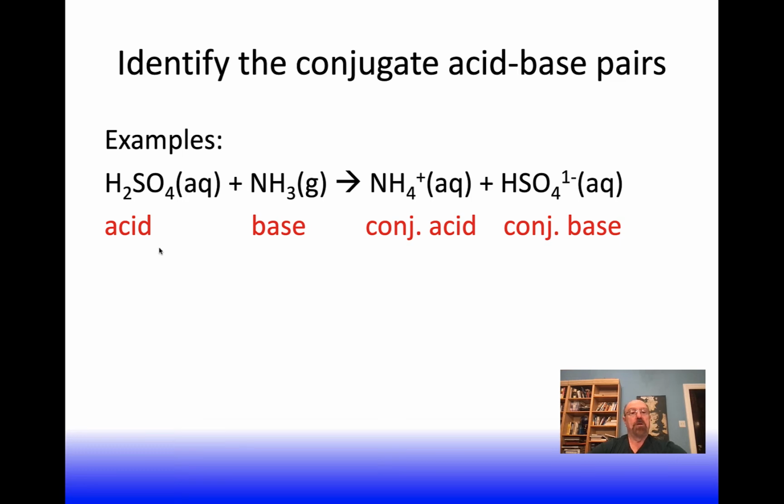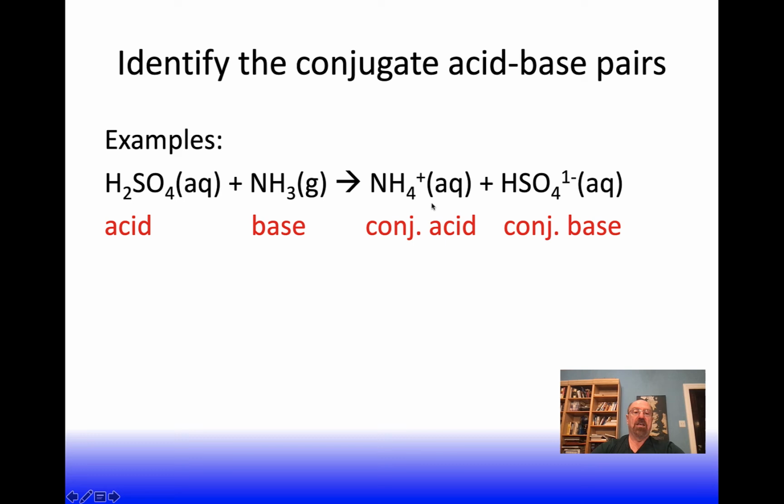Okay, so the acid is sulfuric acid. The base is ammonia. How can we tell that? Look at what happens. If it's a base, it accepts the hydrogen. Over here, you can see the ammonia became ammonium ion, and it gained a hydrogen. The sulfuric acid lost 1 hydrogen to form hydrogen sulfate. So this has got to be our acid, and this has got to be our conjugate base.